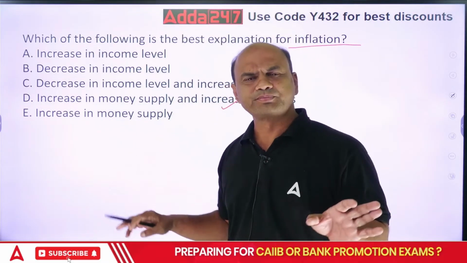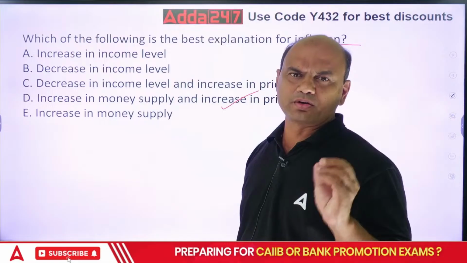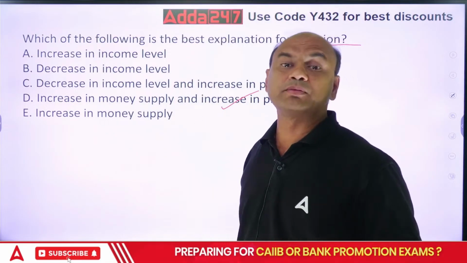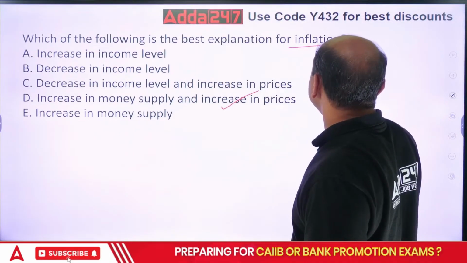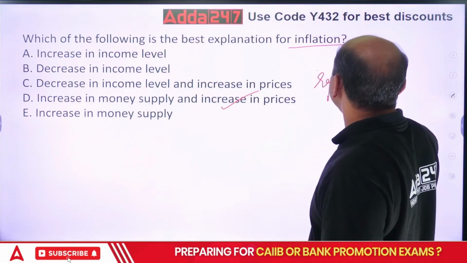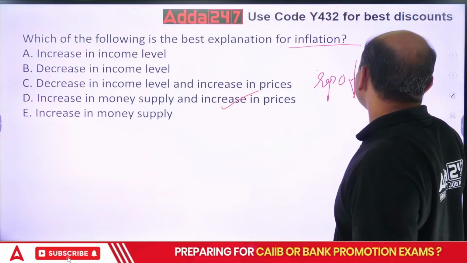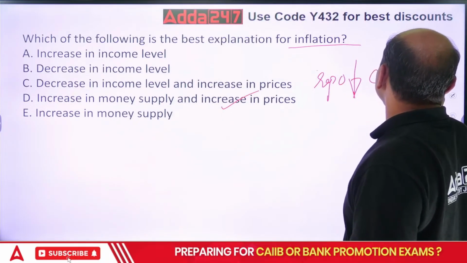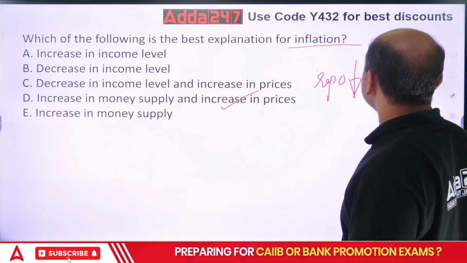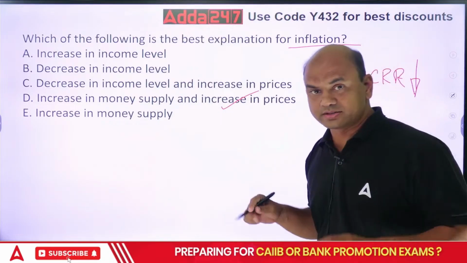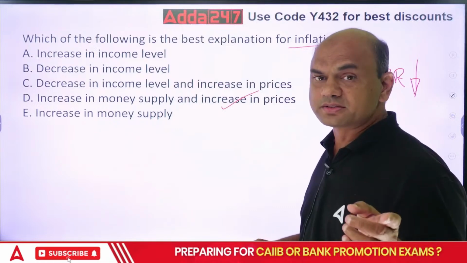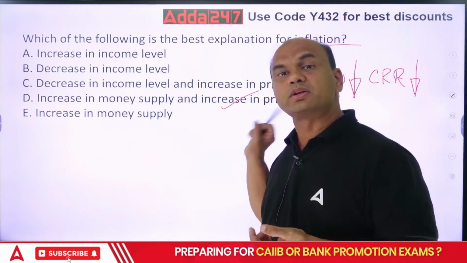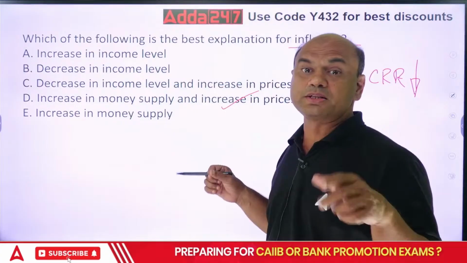Very simple. Inflation happens because the money supply increases. Why will money supply increase? If RBI brings down the repo, okay, repo down, CRR down, okay, these two are down. See, if these two are down, then also inflation might not increase because in our country both are down, but then also inflation is not increasing.